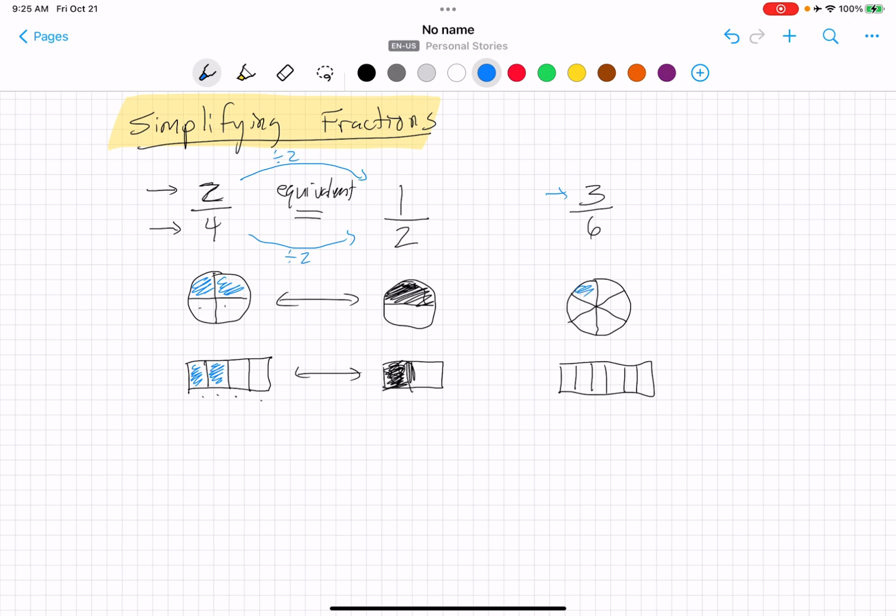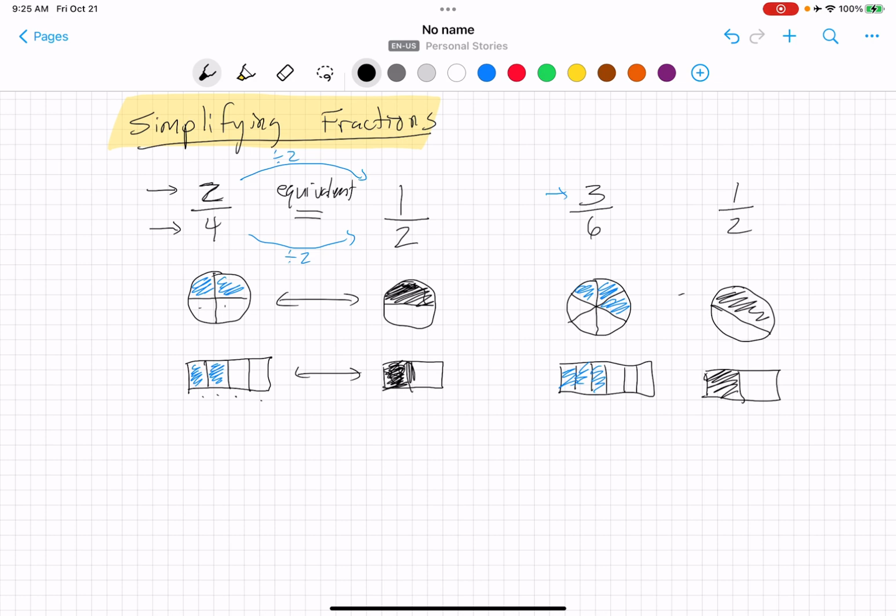So I'm going to color in 1, 2, and 3. Again, we can see how much of this cookie or pie do I have and how much of this bar do I have. So we can redraw this and just color in what we see. And it looks to be that I have one piece out of two pieces again.